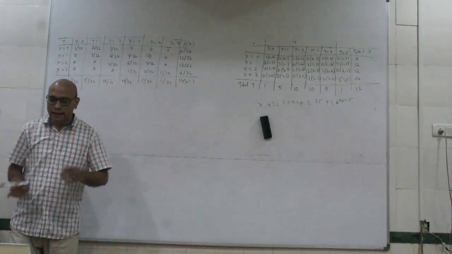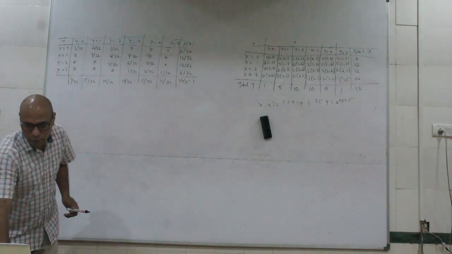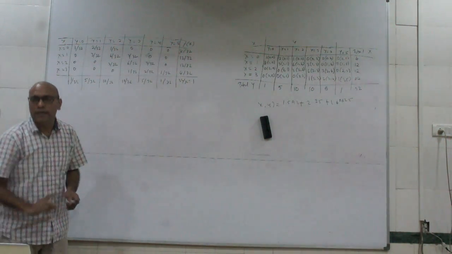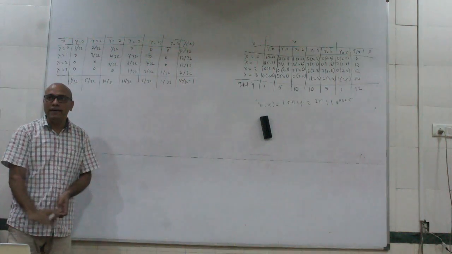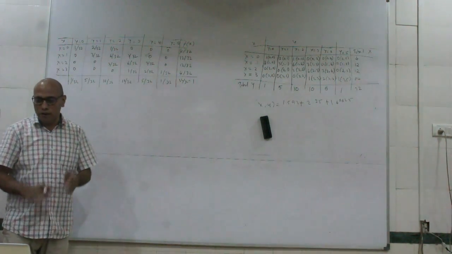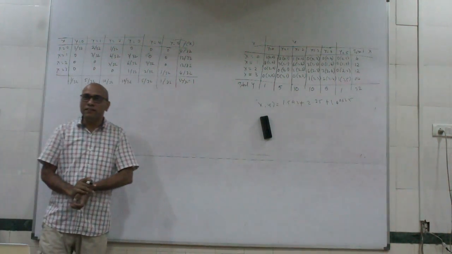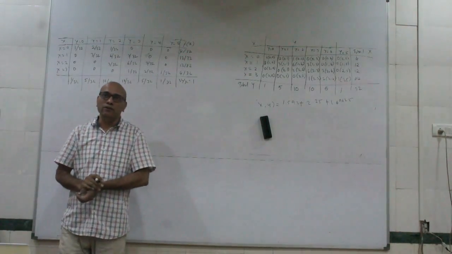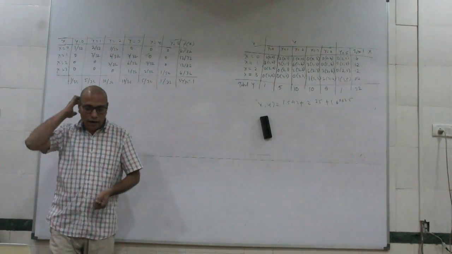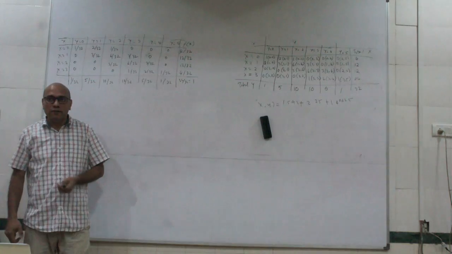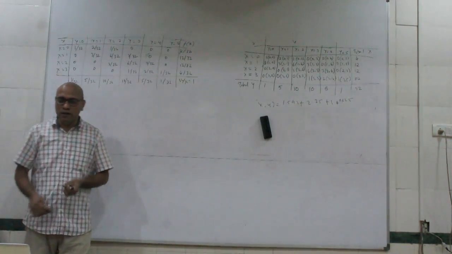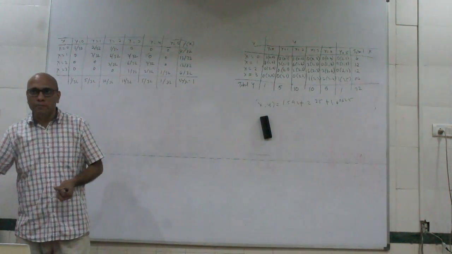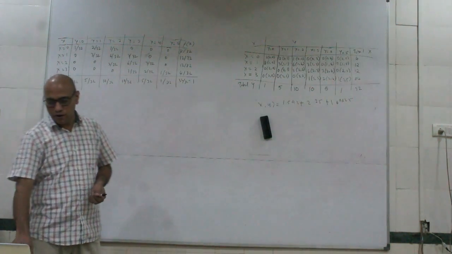Well, now in conditional probability, we are looking at the probability that x takes a particular value given that y has taken a particular value. Say, for example, suppose I am rolling a die.